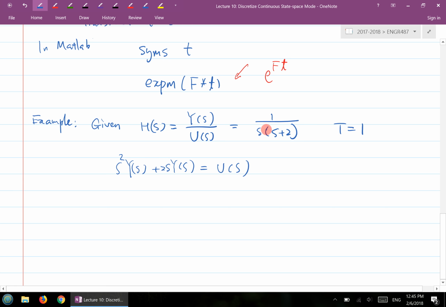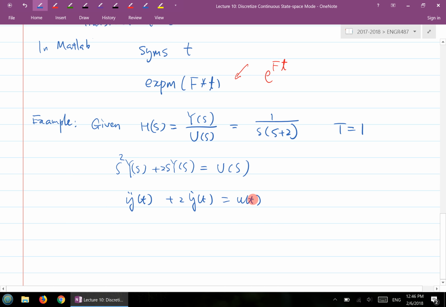Bearing in mind that s is basically a derivative and s squared is a second order derivative, I can write y double dot of t plus 2 y dot, equal to just the input u. That's your differential equation.